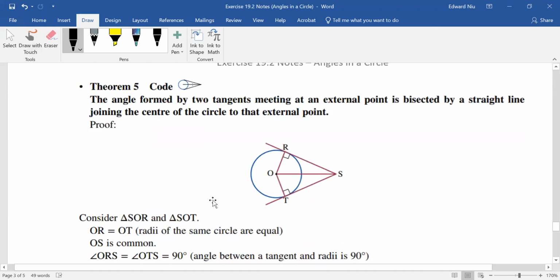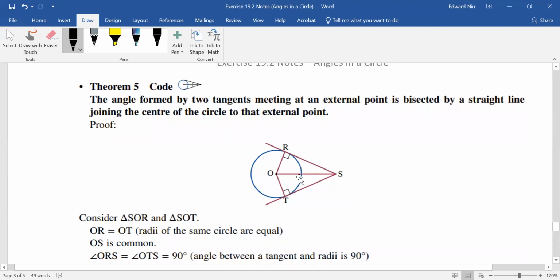Right, theorem 5. So the angle formed by two tangents meeting at an external point is bisected by a straight line joining the center of the circle to that external point. So the external point here is S. The tangent lines we have run past R and T. And then the bisecting line is from O to S. All it's saying is, well, we know R and T, that interior angle is going to be 90 degrees according to theorem 4.